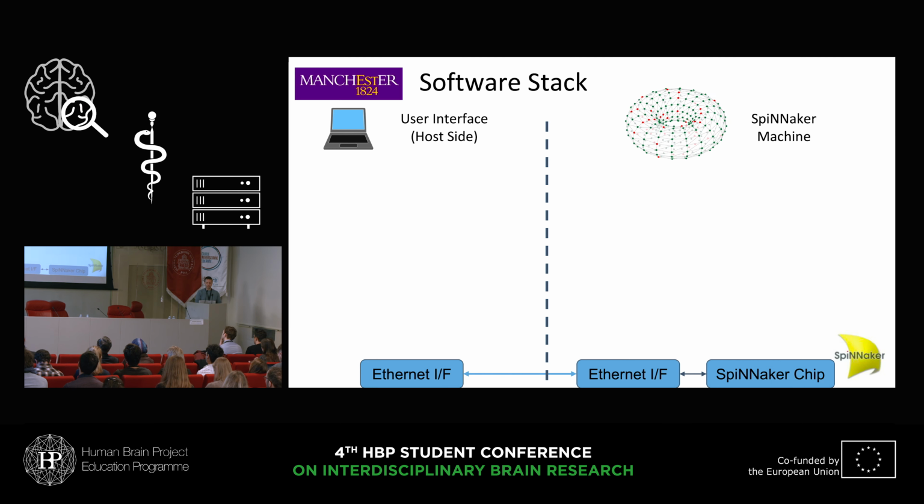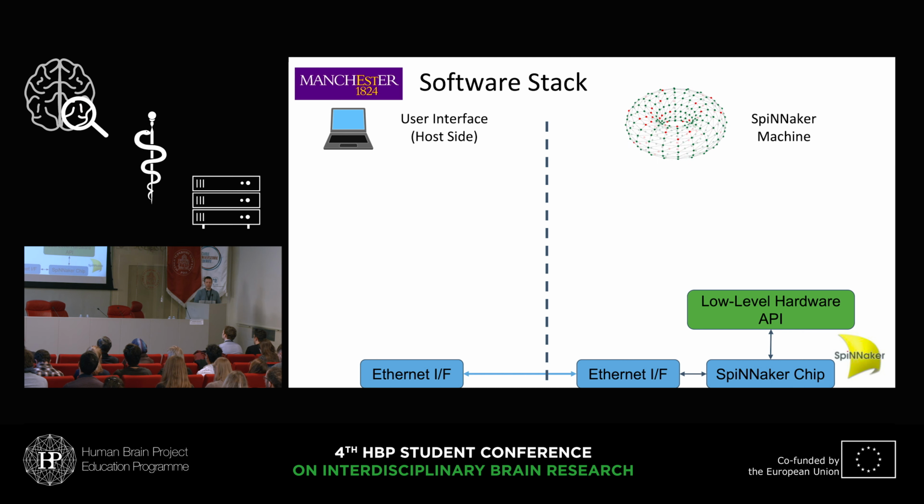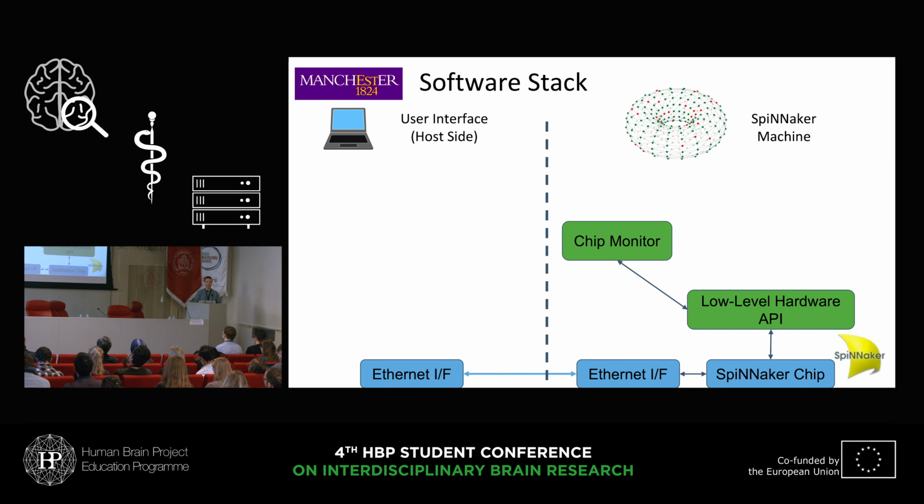On the SpiNNaker side, we start with low-level C code, so everything's done in C on SpiNNaker. This interfaces with the SpiNNaker hardware at the lowest level, so you don't have to understand all the hardware bits. You can just call functions in C and it will access the bits of hardware for you. Running on top of this, we have a chip monitor system.